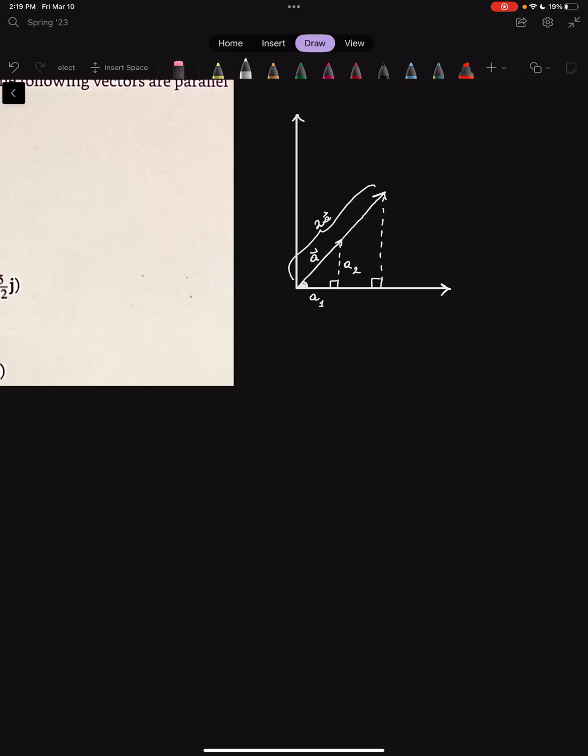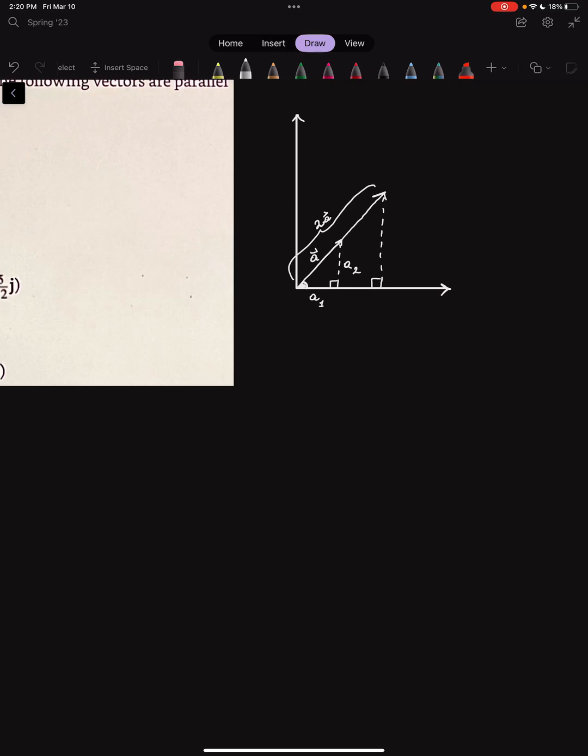And what does it mean that two triangles are similar? It means that each respective side is proportional to one another. So the hypotenuse of A is proportional to 2A. And what does it mean for something to be proportional? It means that it's scaled by some factor. And in this case, this factor is 2.